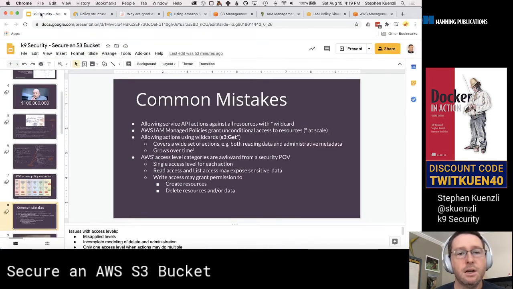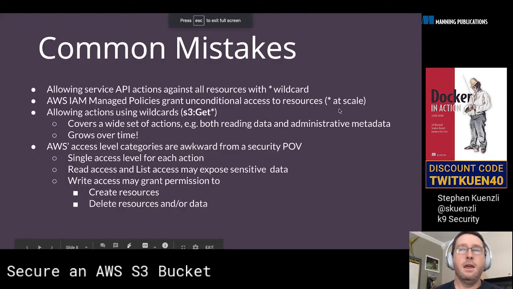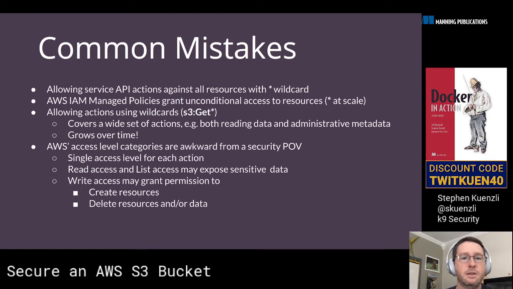But one of the challenging parts here is that writing security policies takes quite a bit of time and thinking. So a lot of folks will often use AWS IAM managed policies, the policies like administrator access, read-only access, or power user. Those always use a star for a resource condition, and if you think about it, they have to.